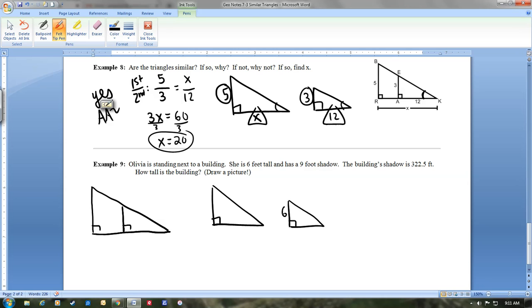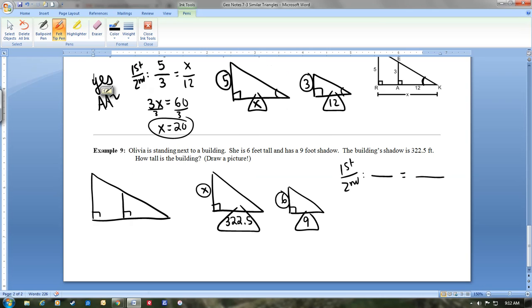So she is 6 feet tall, has a 9-foot shadow. The building shadow is 322.5 feet, and we don't know how tall the building is. So we have first over second, first over second. So first triangle over second triangle, or you can say left over right, or however you want to label them, but you have to label your proportion.